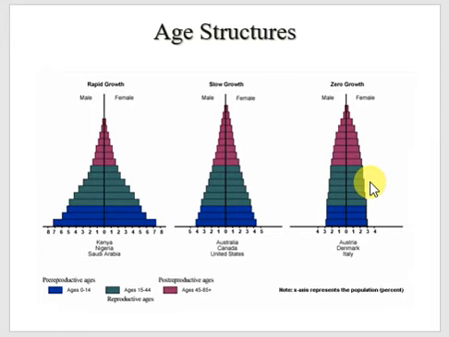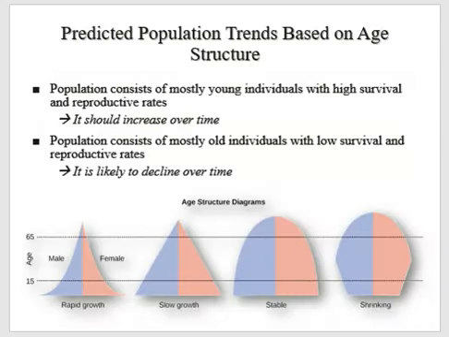Now, obviously your birth rates and death rates are very influential in determining those growth trends. But in the same instance, life expectancy is also important. And again, age structure is important. Life expectancy is the length of time an individual remains in the population.